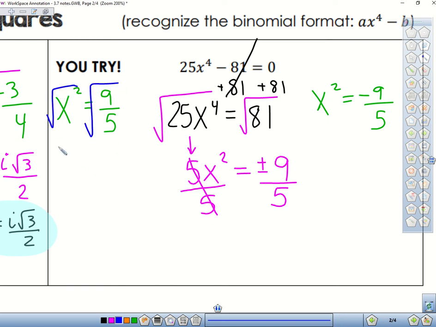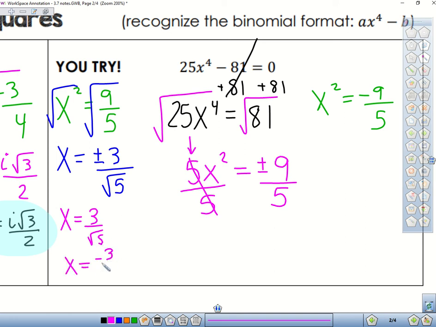Take the square root again, which leaves me with x equals plus or minus what? 3 over? Radical 3 over radical 5. Good. And that results in two zeros, the positive and the negative version of that zero. And then we got to do the same thing over here for the negative one.